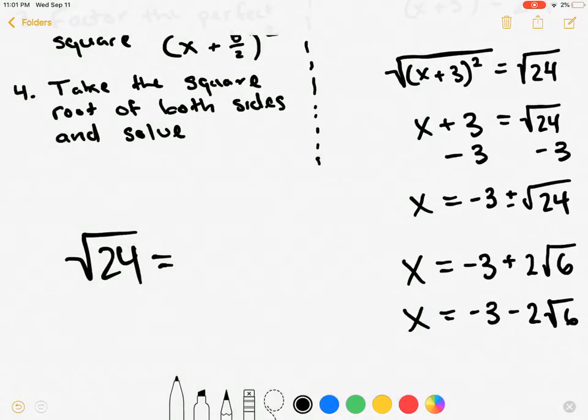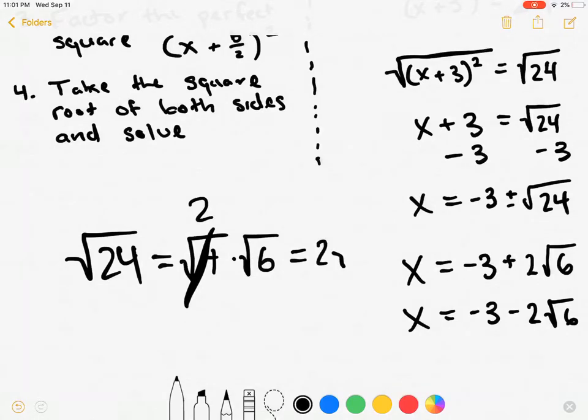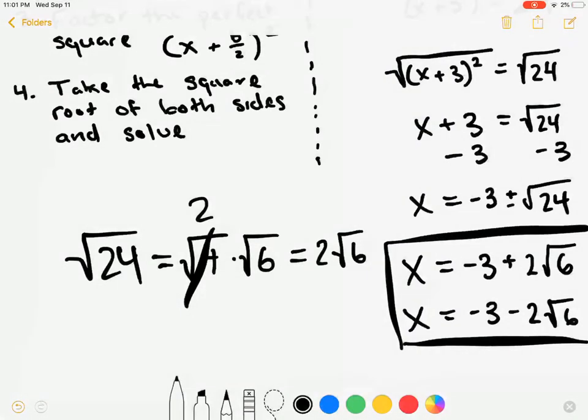If you're wondering where that term comes from, the square root of 4 times the square root of 6 is the same as the square root of 24, and the square root of 4 we know is 2. So we've got 2 square root of 6, and we know that those are equivalent. So here we found exact solutions to our quadratic equation, and that's how you use the completing the square method.